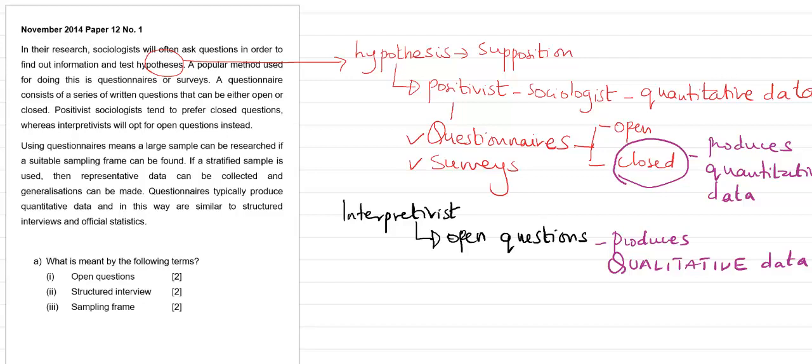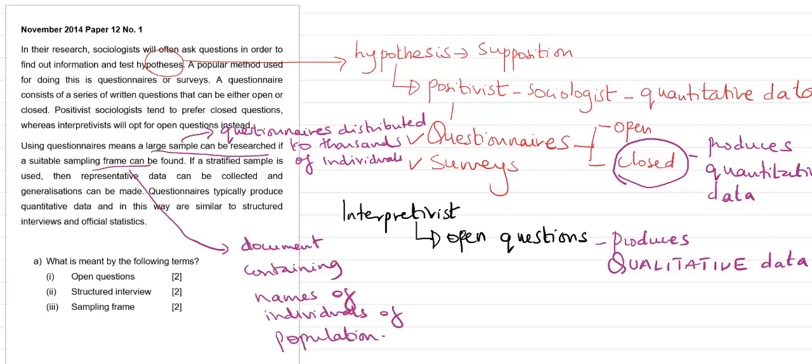Using questionnaires means a large sample can be researched if a suitable sampling frame can be found. This sentence needs explanation. So yes, questionnaires being relatively cheap and convenient to be distributed to thousands of people across a country will allow the researcher to choose a large sample.